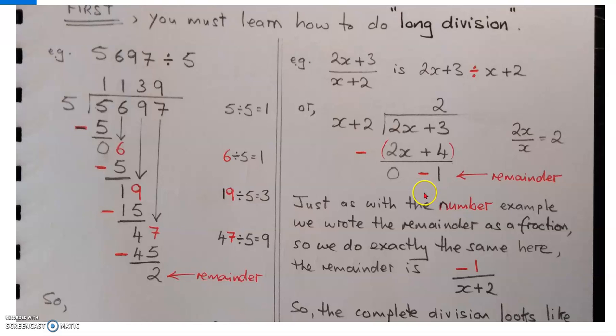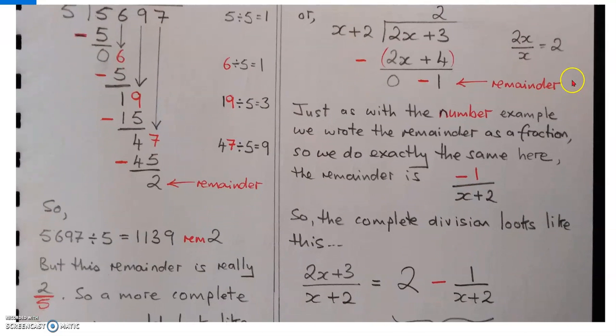Now, just as with the number example, we wrote the remainder as a fraction, we do exactly the same here. This minus 1 is a remainder, but it is the numerator of a fraction of minus 1 over x plus 2. Just as when we did this 2, we were dividing by 5, and this 2 became 2/5 in our numerical answer.